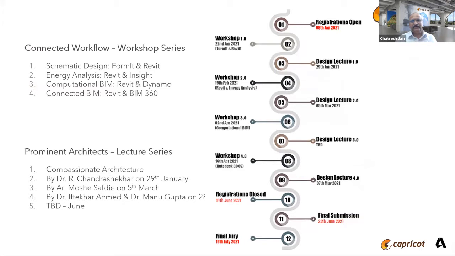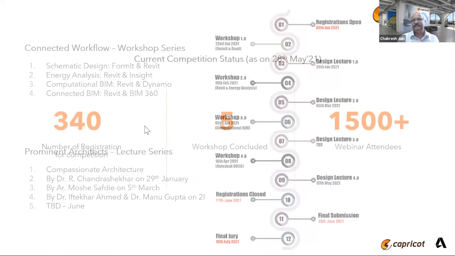In one of them, famous architect Moshe Safdie was gracious enough to present his thoughts around housing. Simultaneously, we are also running some technical workshops. For the participants, anyone interested, please keep track of this and do attend these.